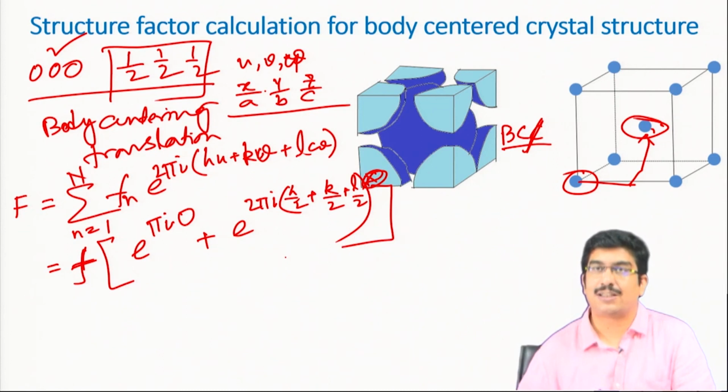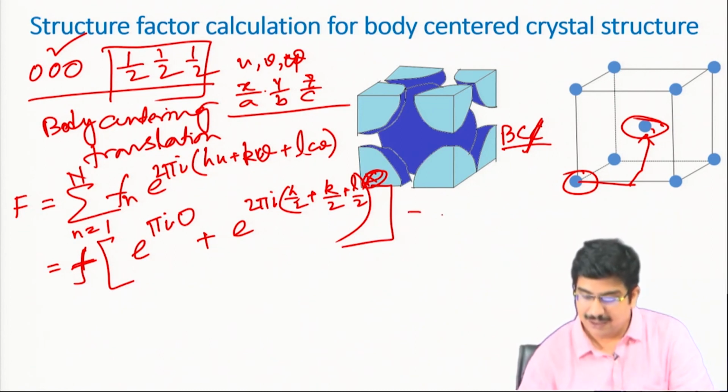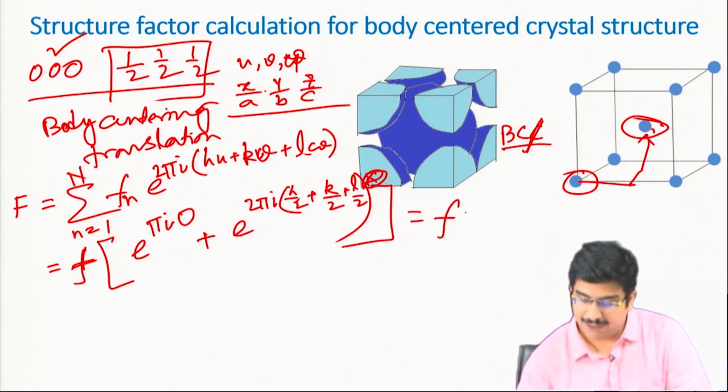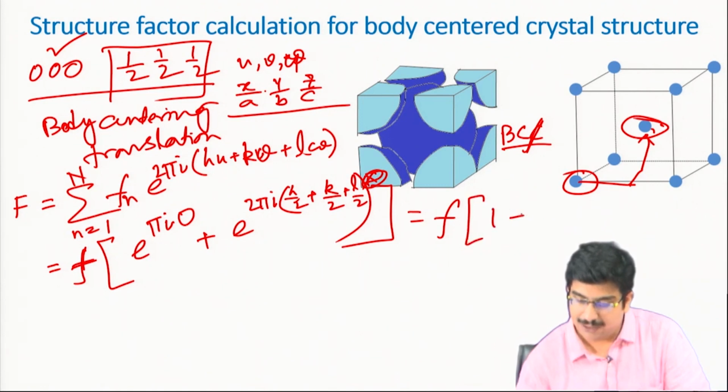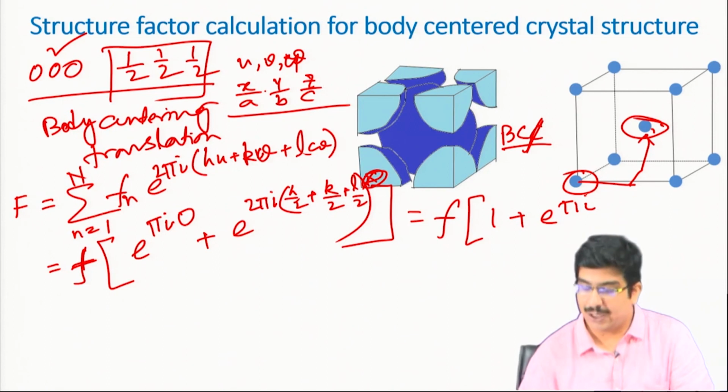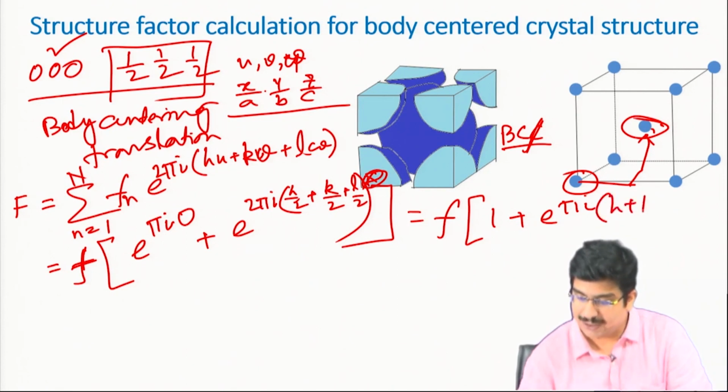So, from here we get F equals f into (1 plus e to the power pi i into (h plus k plus l)).